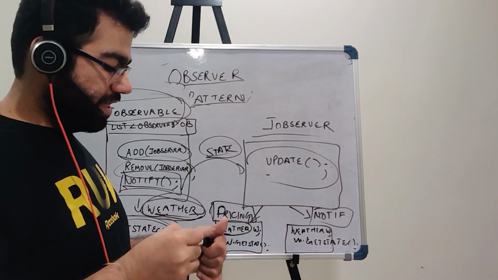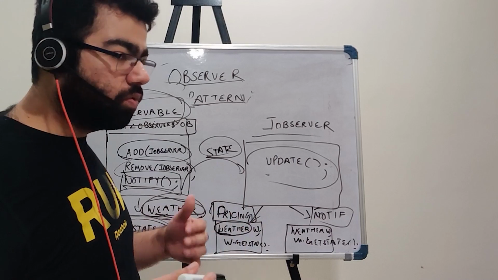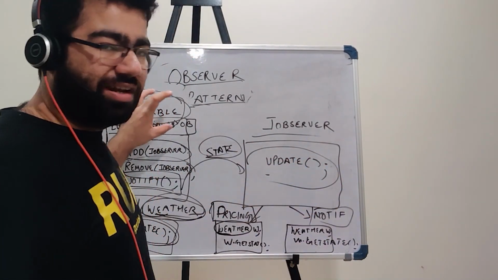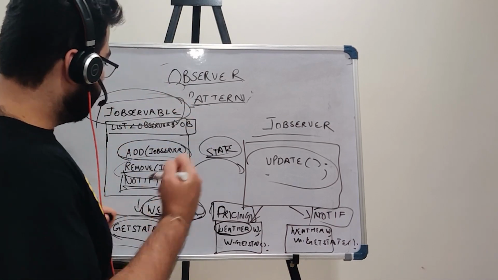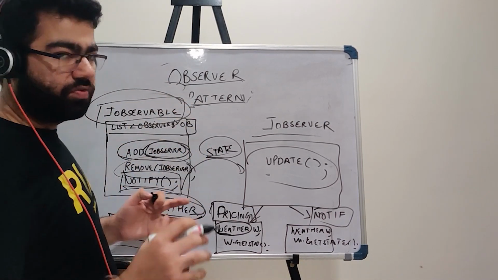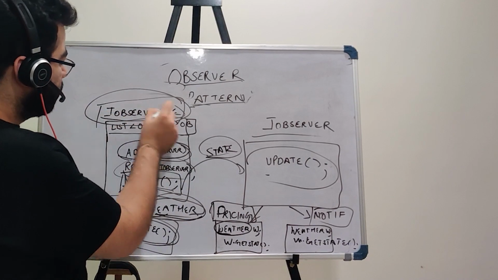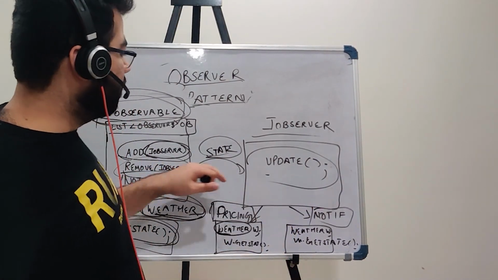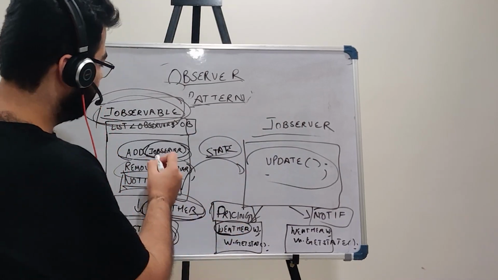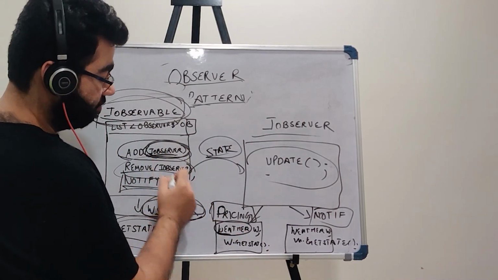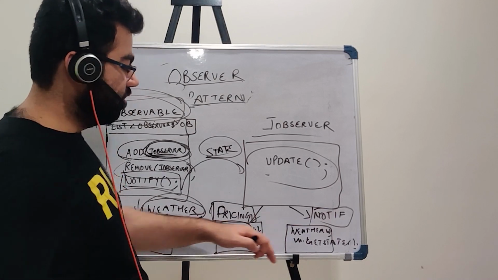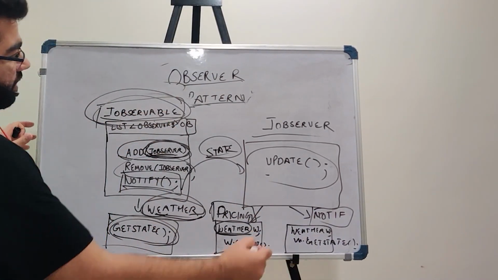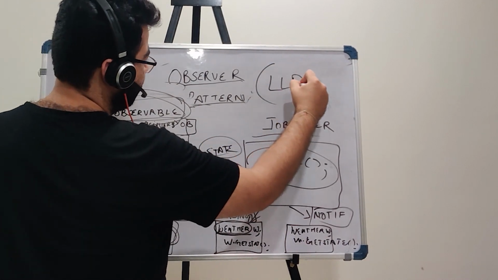Why is that? It is simply because this class knows what it is observing. It does not need a generic interface. Whereas here we are using an interface, because the observable doesn't need to know who is observing it. It just needs to call the update method. So therefore here we are using an interface, but here we are using the actual class to call a particular function of that object. So that's the basic low level design of observer pattern.